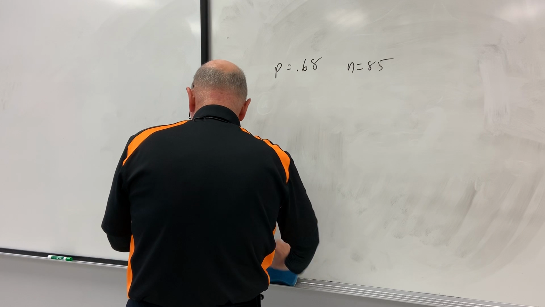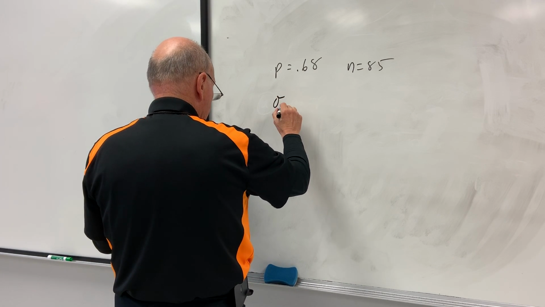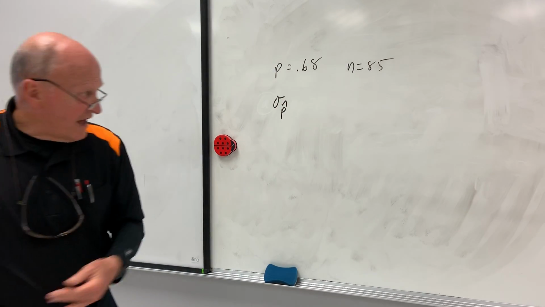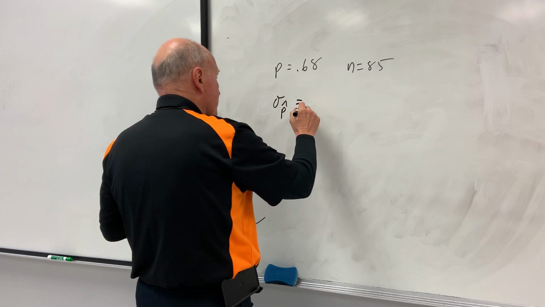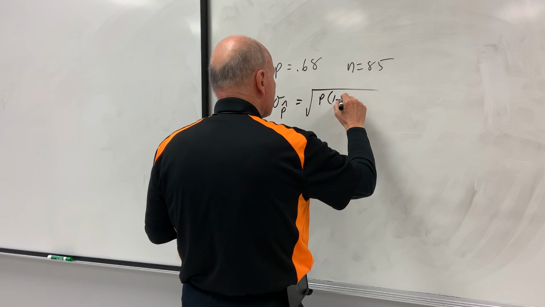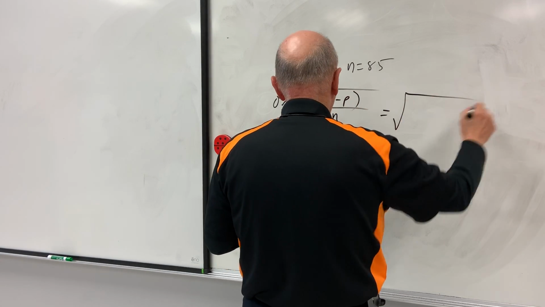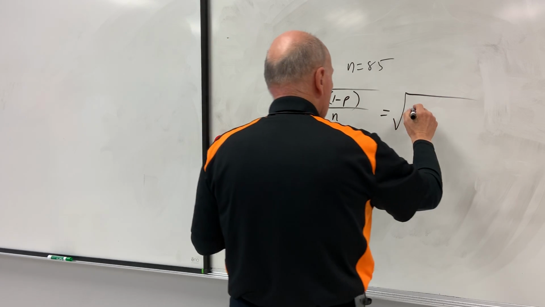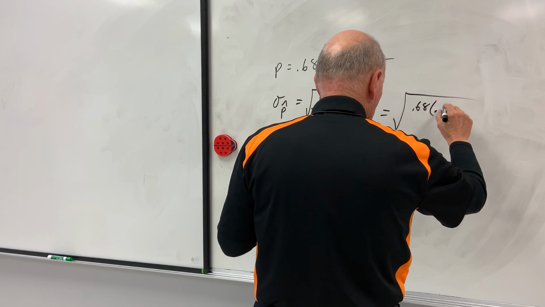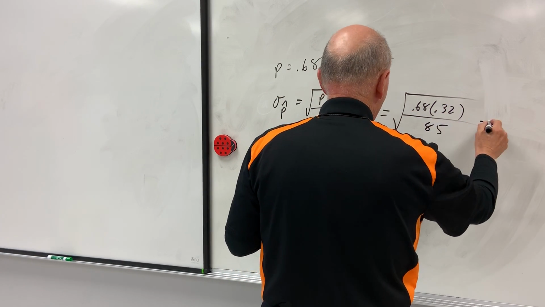Now let's do B. On B, they're asking for the standard deviation of P hat. By this time, you probably remember that the standard deviation is going to be the square root of P times 1 minus P over N. So in this case, this would be the square root of 0.68 times 0.32, divided by 85.